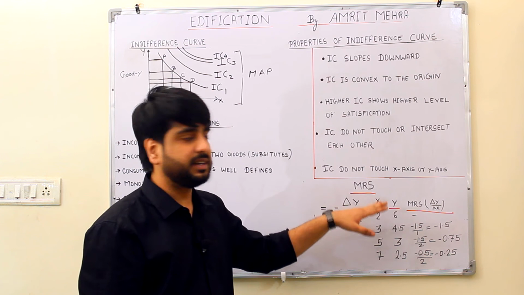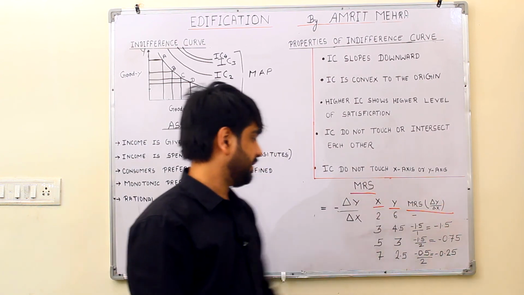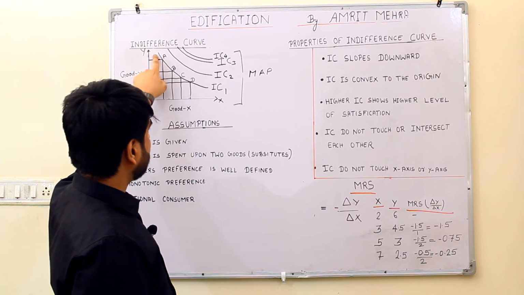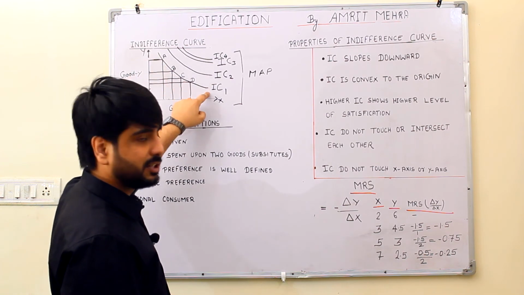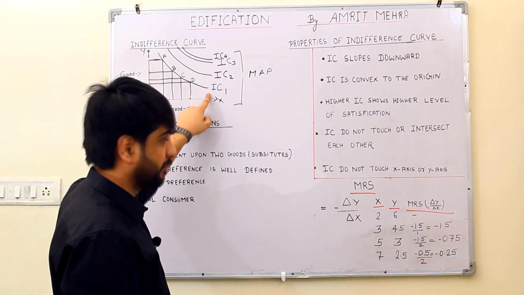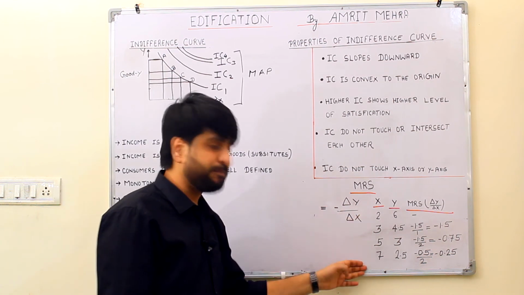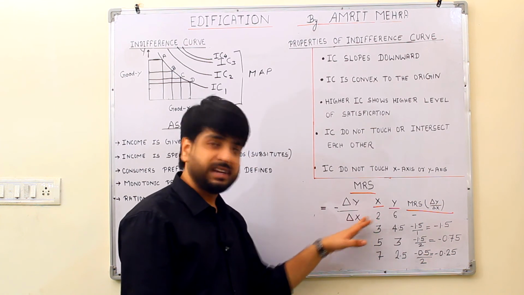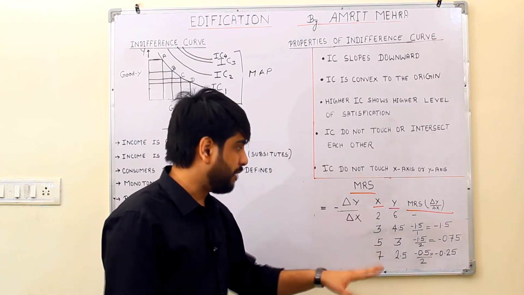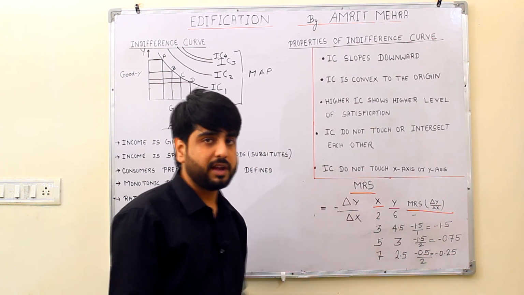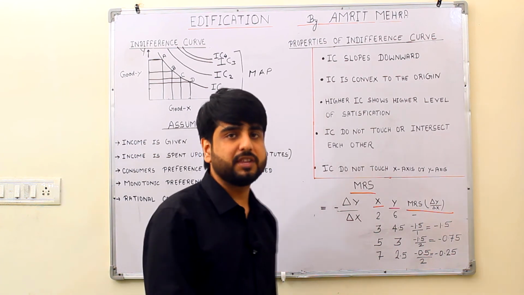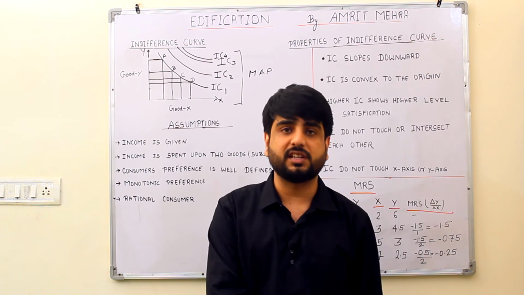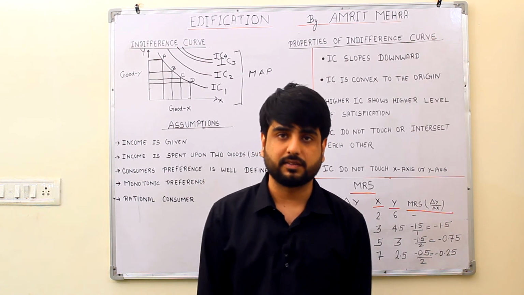IC curves do not touch the x-axis or y-axis. I made an IC, but I did not touch it with the y-axis or the x-axis, because even in our example, we are stating that the consumption never reached 0 units, whether for good X or good Y. So if the consumption is not 0 units, then the IC curve is not supposed to touch the x-axis or the y-axis.